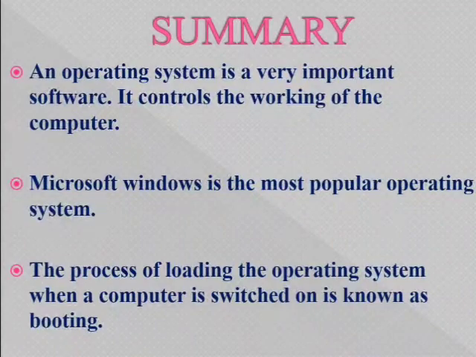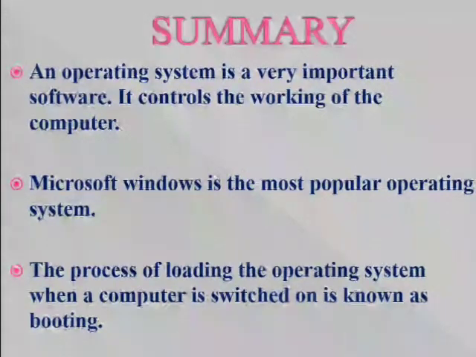So students, let's quickly revise what we have learned in this session. An operating system is a very important software. It controls the working of the computer. Microsoft Windows is the most popular operating system. The process of loading the operating system when a computer is switched on is known as booting.